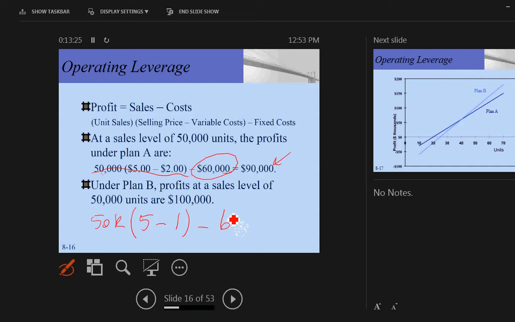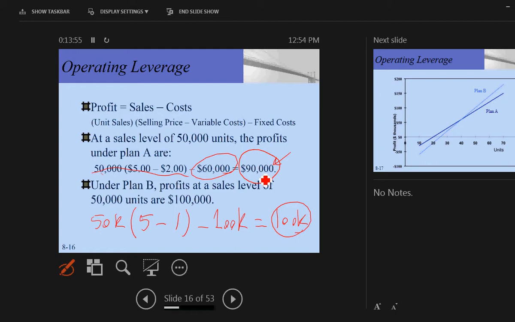Yes. So let me actually go check. Yes. Minus 100K, right? So this is greater than this. Okay, so it says that at this particular level, it's good to go with Plan B.